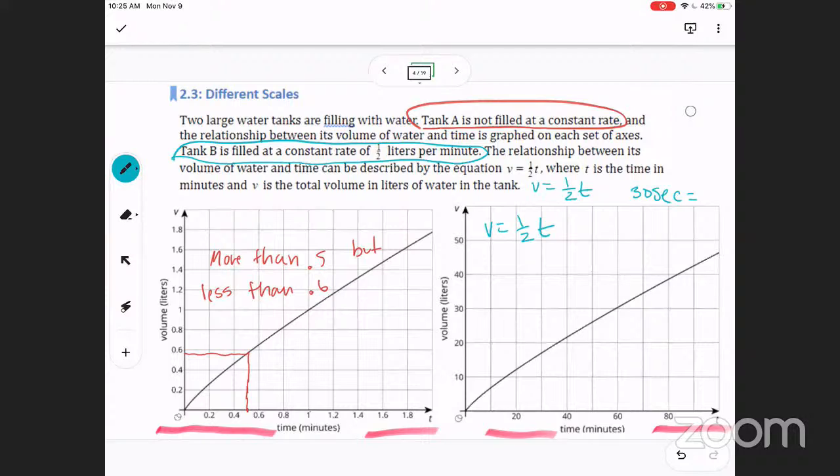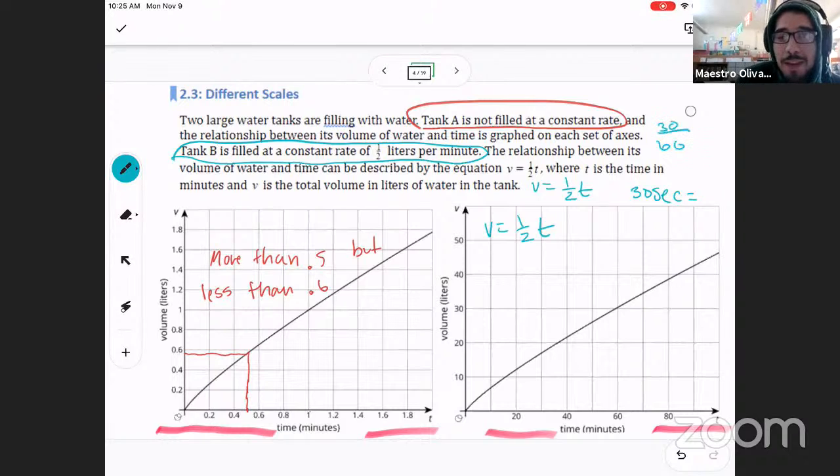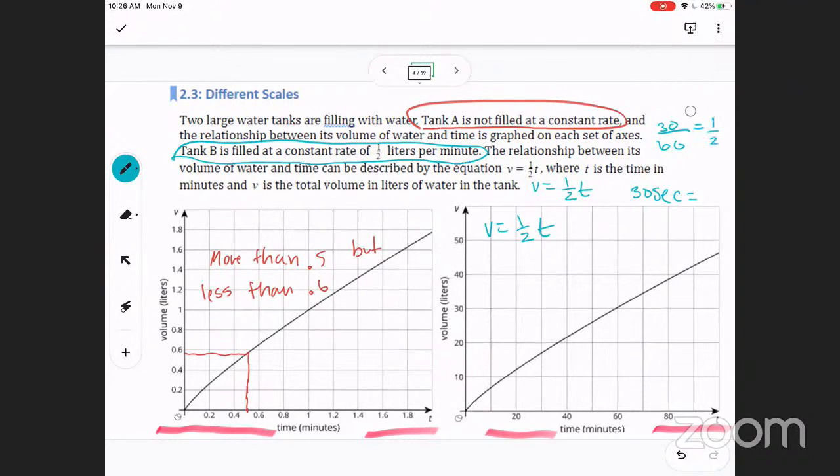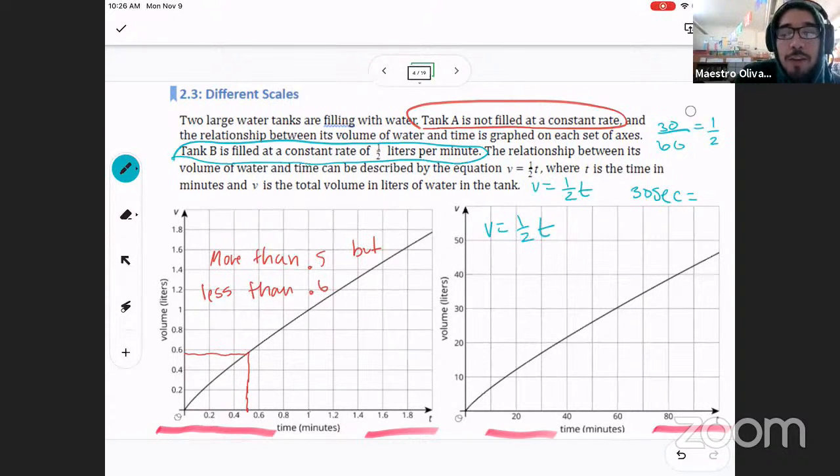Yeah, thank you, Kathy. 30/60, right? Who can tell me what 30/60 is as a fraction? And this is for extra credit. Enrica, unmute yourself and say it. 1/2. 1/2, right? 30/60 is 1/2. So 30 seconds is the same thing as 1/2.